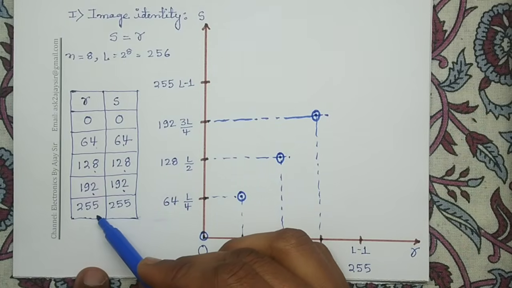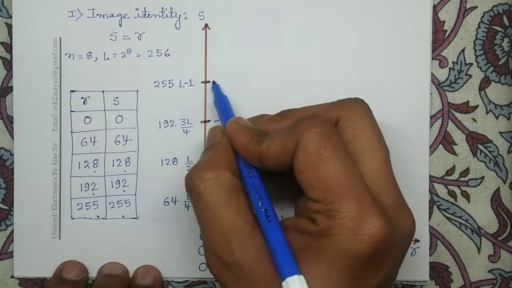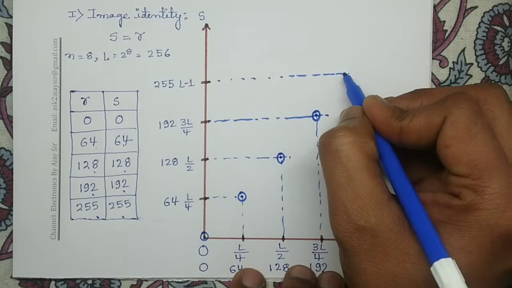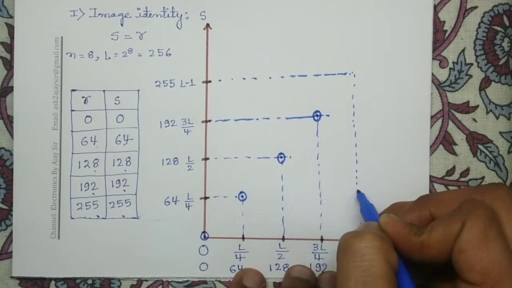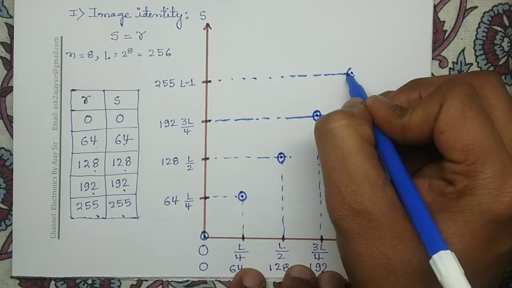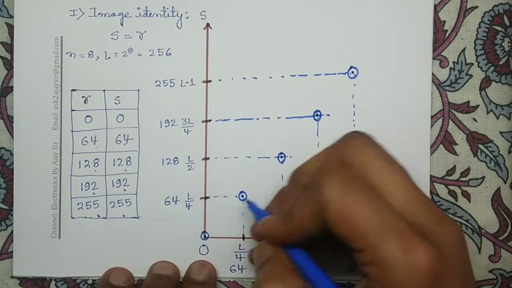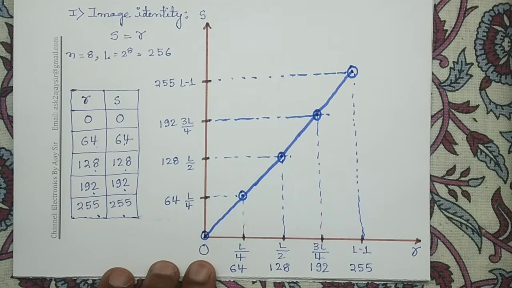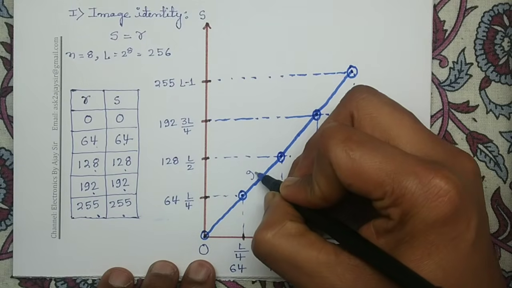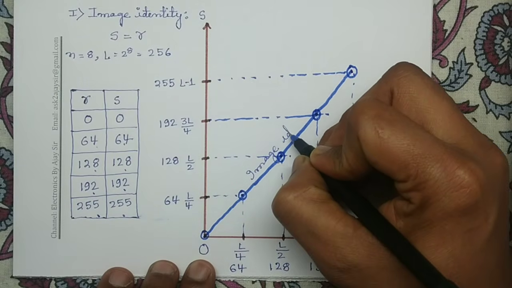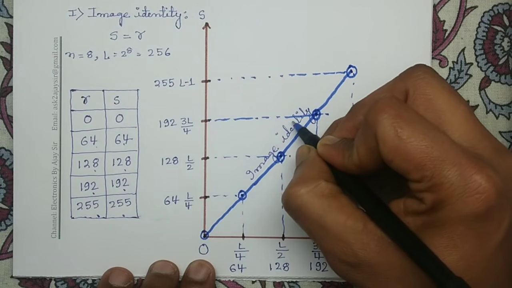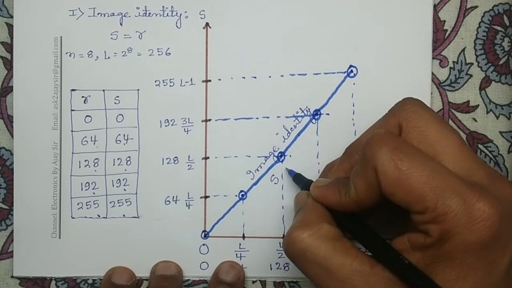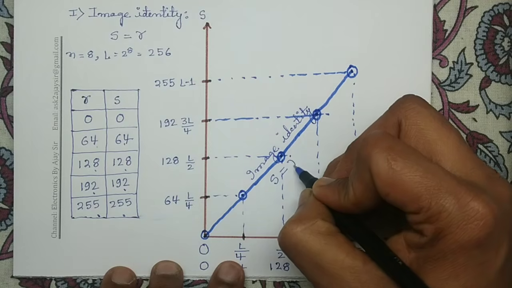And finally, when R equals to 255, S equals to 255, let us mark this point also. If you connect all these points, this line represents the transformation curve of image identity, and the transformation equation for this image identity line, that is for an 8-bit image, is S equals to R.